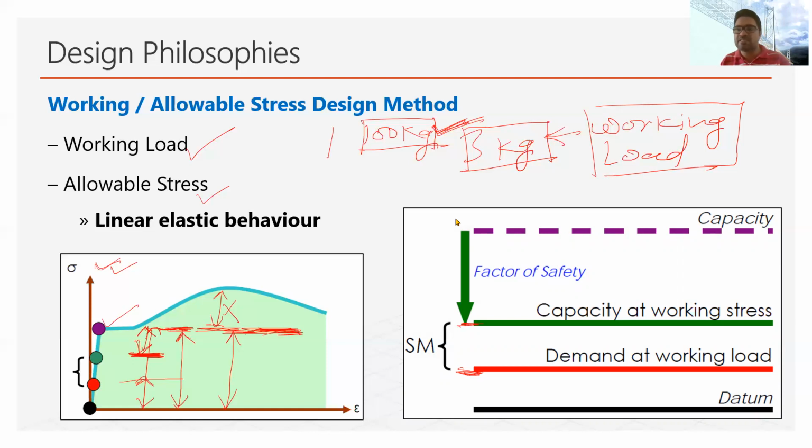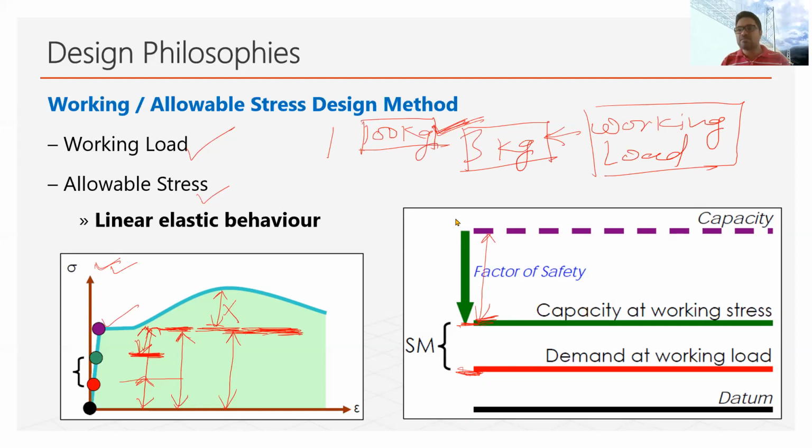Working stress is basically the limit up to which this material can carry for its entire life. Now if the load exceeds beyond this green line, although we know our structure can carry beyond this also, but how much? What should be the gap between green and violet line?